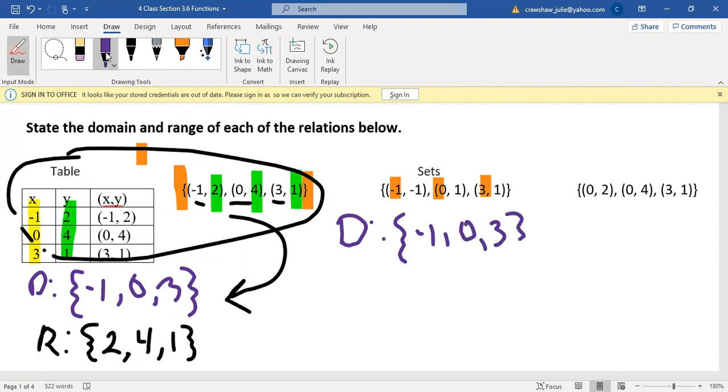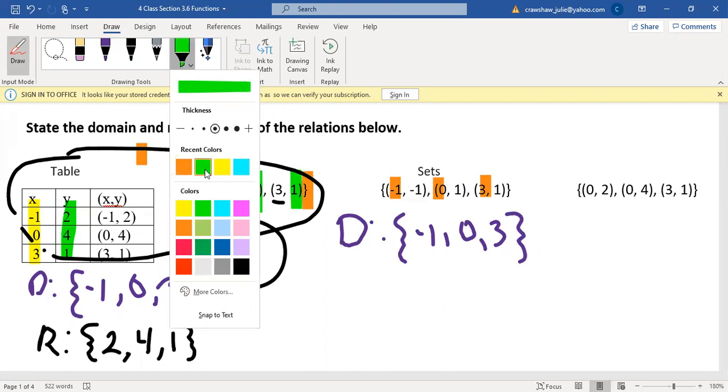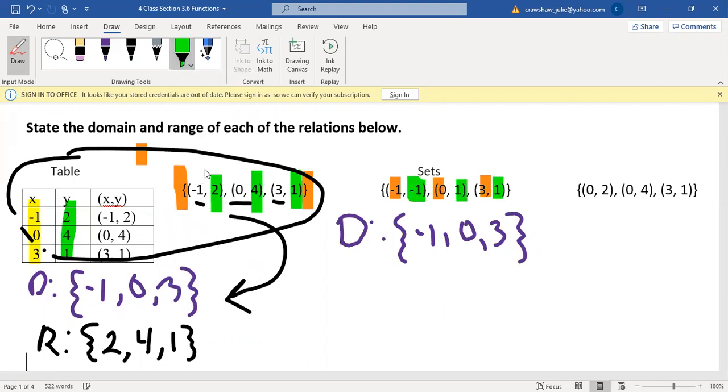When I want to record my range, I just look at the y values. -1, 1, 1. And I'm going to record that in a set as well. But I'm going to say R to represent range. And I have a -1, a 1. And since I have a 1 again, I don't have to list it twice. I just have to list it once.